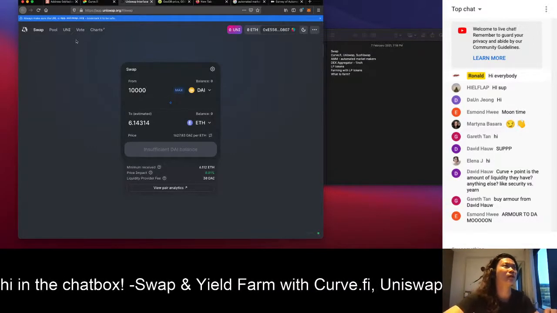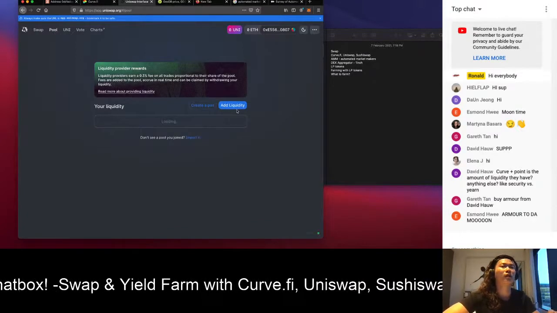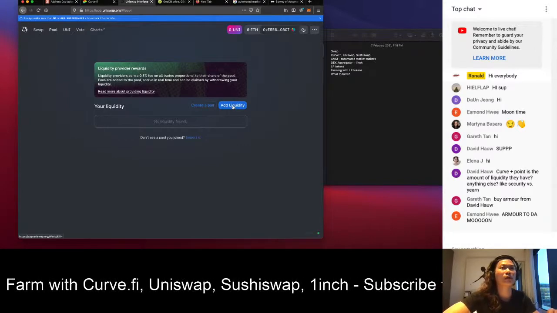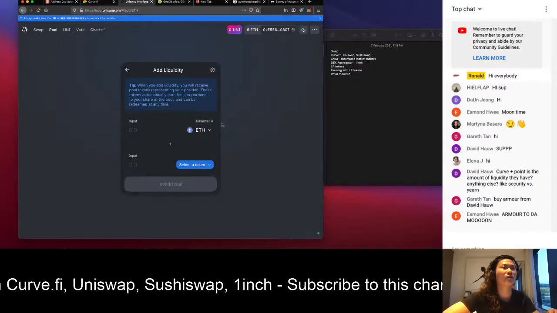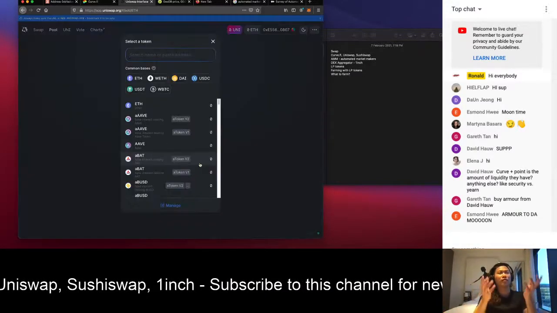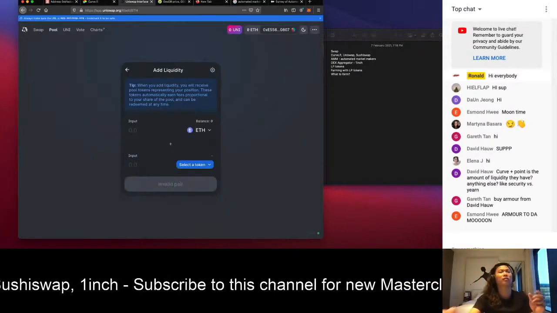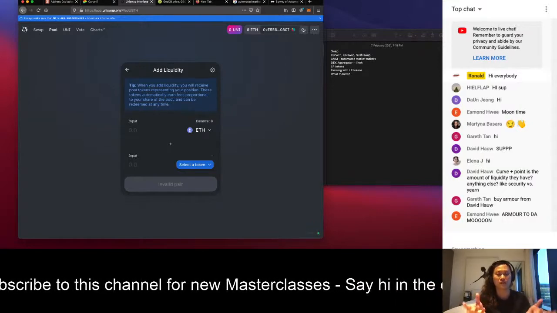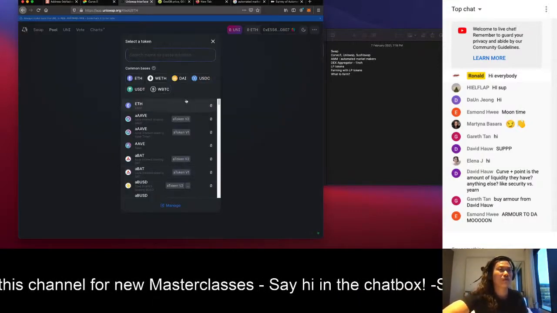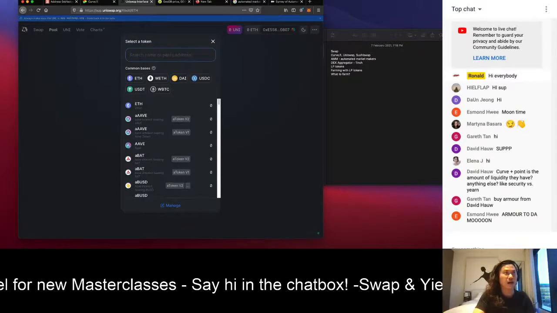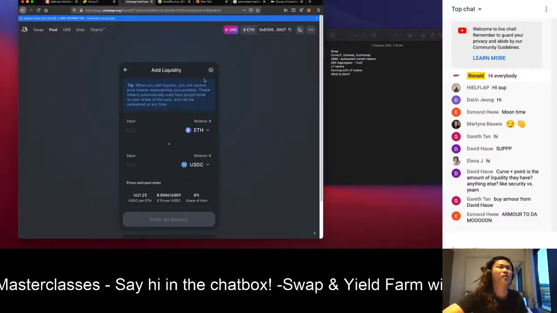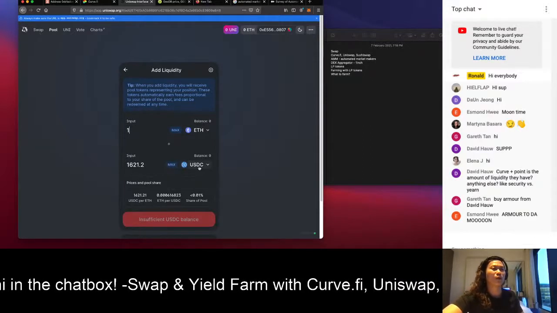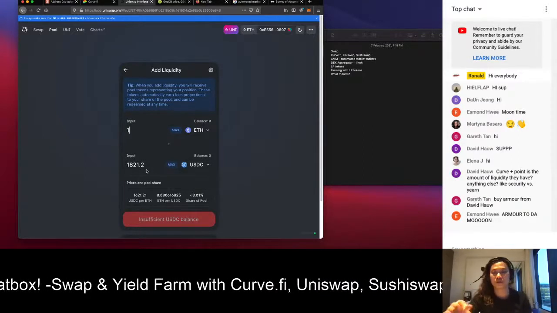So if you want to put something into the pool, you come here, you click pool, and then you click add liquidity. You only add stuff with two components. It's always a pair. So for example, if I want to add Ethereum and USDC, if I add one Ethereum, then I need to add 1,621 USDC.